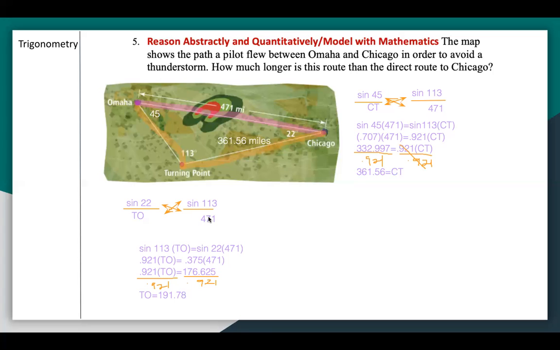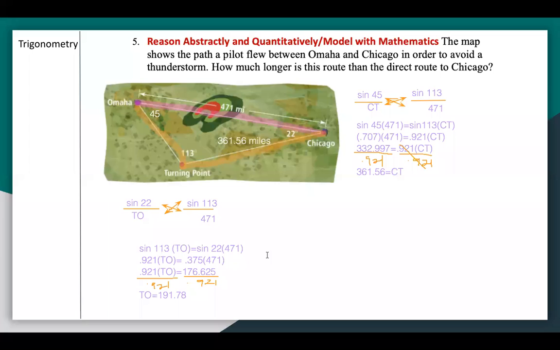So 0.921 times TO should be equal to the sine of 22, which is 0.375, times 471. And 0.375 times 471 is 176.625. That's at this step right here. And then divide by 0.921 and you should get 191.78. We just solved this just like how we solved this over here.